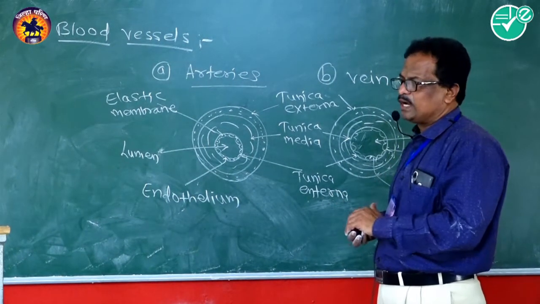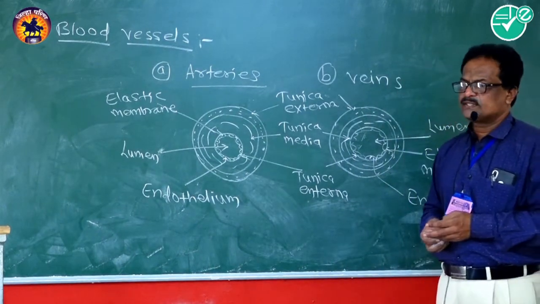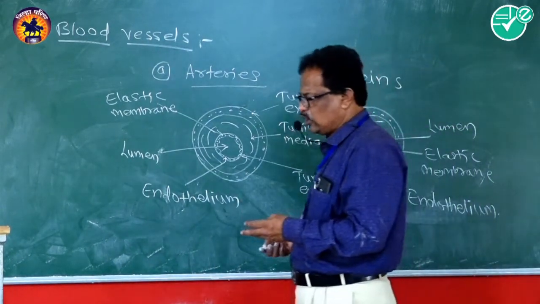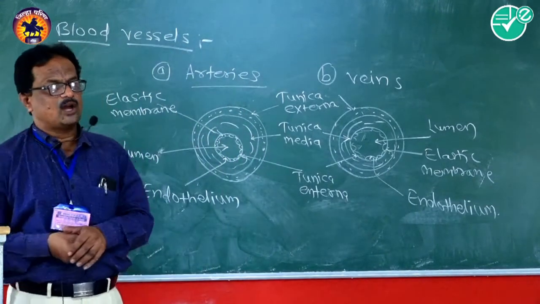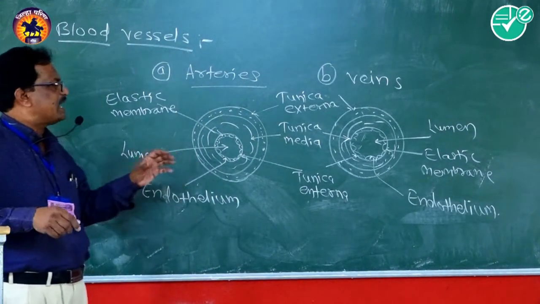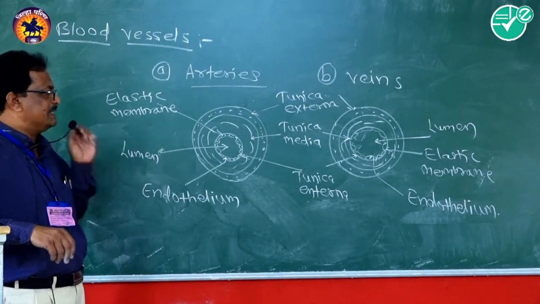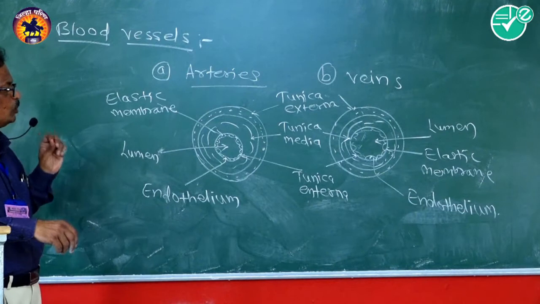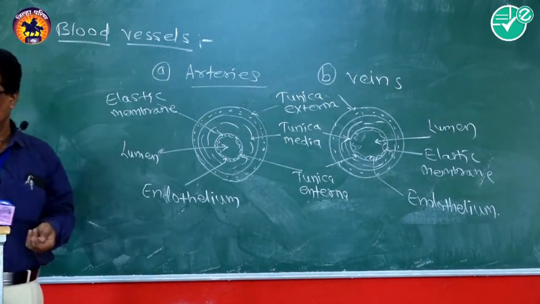Water and water-dissolved substances like gases, nutrients, inorganic substances, and regulatory substances like hormones and enzymes are exchanged at the level of capillaries in the tissues. That's about the blood vessels.